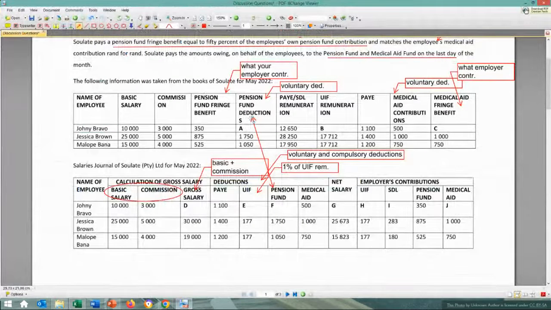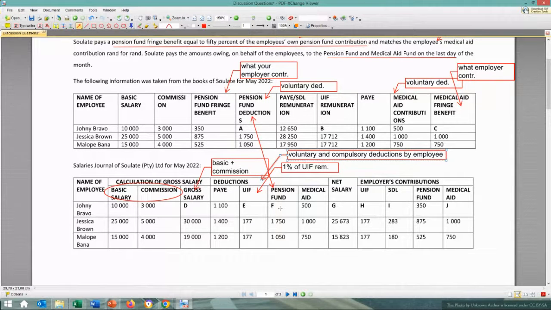So our voluntary deduction is then captured in our normal deductions, which includes your voluntary as well as your compulsory deductions by the employee. So let's just say this is by the employee into your salary.